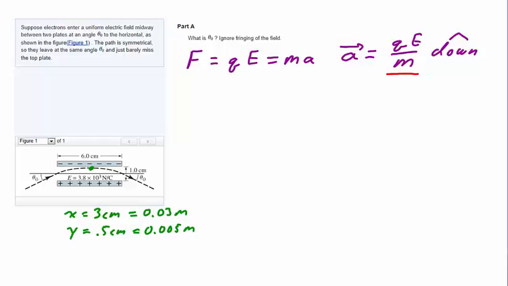For simplicity in this problem, I will be referring to this as the midpoint of the motion, and those numerical values I'll be referring to as x with a subscript m for midpoint and y with a subscript m for midpoint.